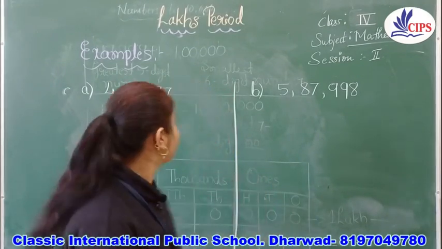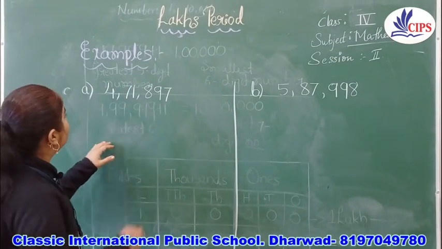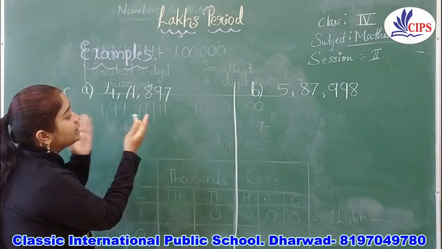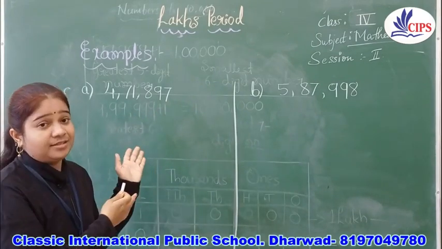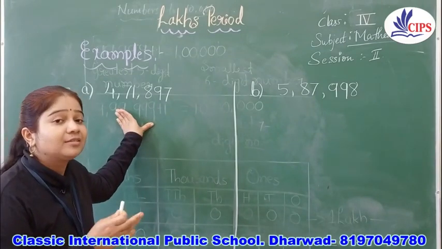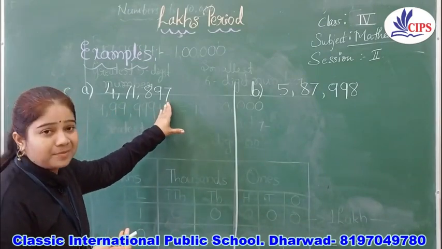Okay, let us see. This is the example I have written over here. According to the place value chart, we have to read this, right? Can you read? Try it. So it's the ones place.